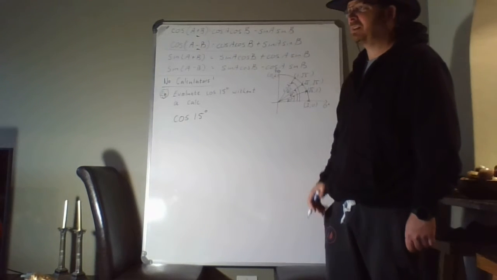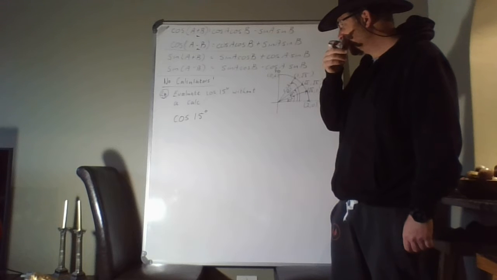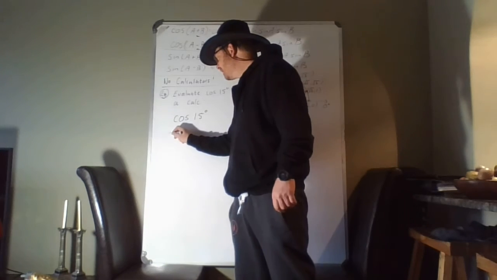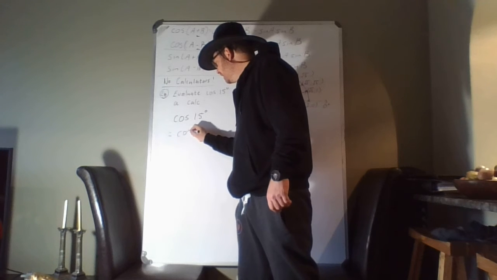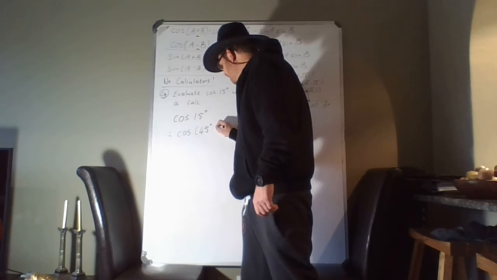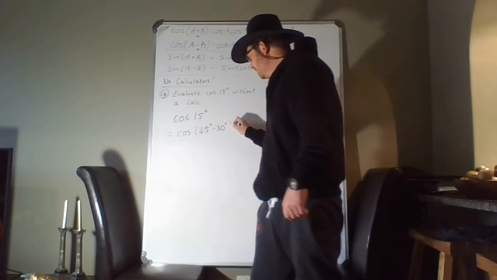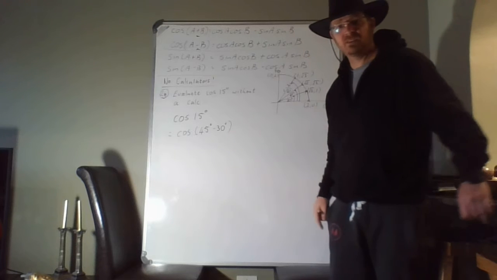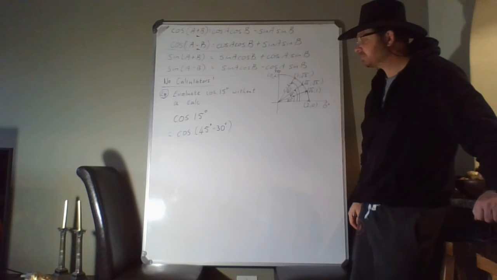Well, 90 is not going to work. So we could do 45 and 30, because cos 15 is the same as cos of 45 minus 30 degrees. All I've done is rewrite the 15 as 45 minus 30.